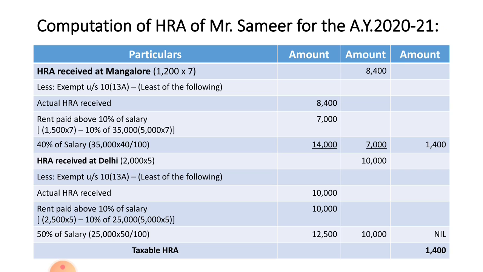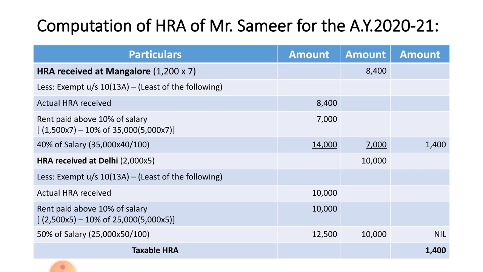Next, less: exempt under section 10 subsection 13A, least of the following three things. That is, actual HRA received 8,400, write in the first amount column. Next, rent paid above 10% of salary, that is 1,500 rent paid into 7 minus 10% of salary, that is 5,000 for 7 months.